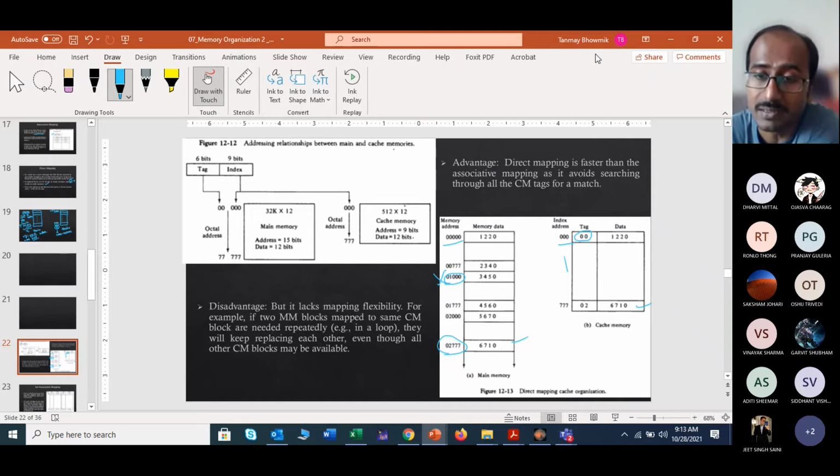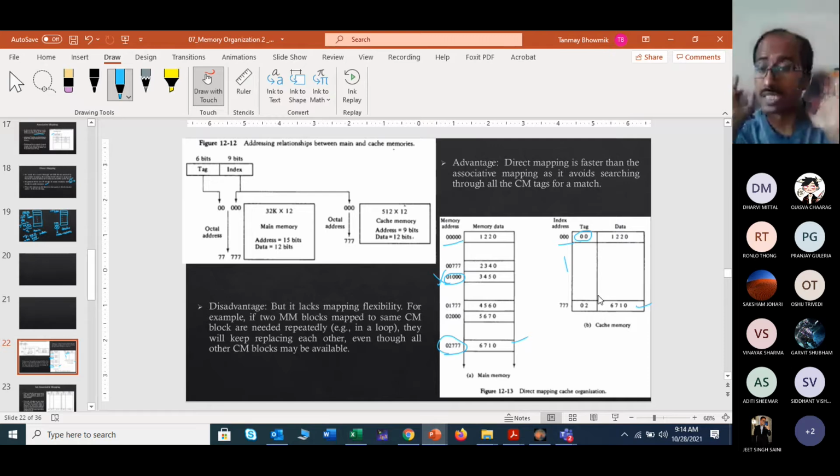So what is the disadvantage? Is there a disadvantage? Yes, the main disadvantage is there. Look, you have just now put this data 000 with tag 00, and you have put this data 777 and 02.